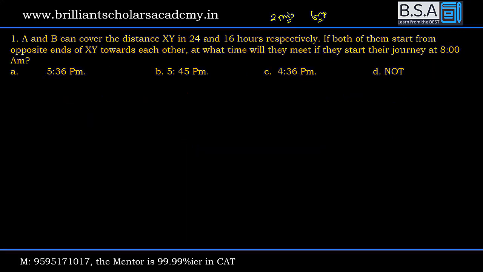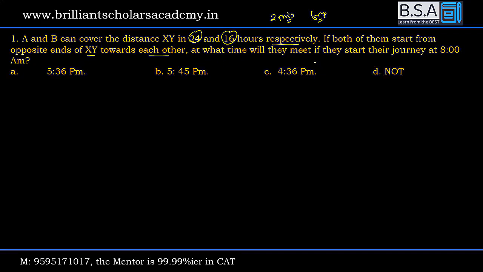Moving on here, A and B can cover distance XY in 24 and 16 hours respectively. Both of them start from opposite ends of XY towards each other.